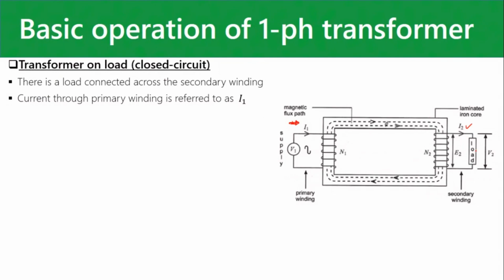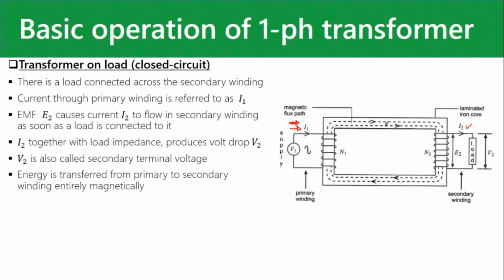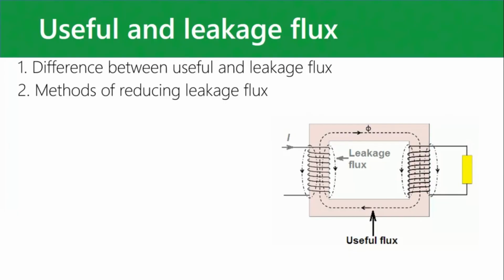The magnitude and the nature of the load on the secondary draws a certain current, and because it requires energy, I1 responds to I2 drawing the current. So all of the energy going from I1 to I2 is transferred magnetically from the primary to the secondary. There are no electrical connections. The primary and secondary are totally isolated from each other.